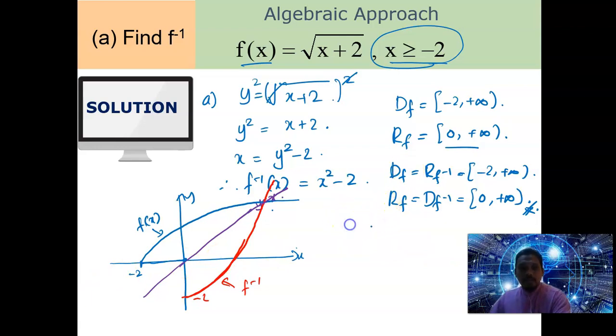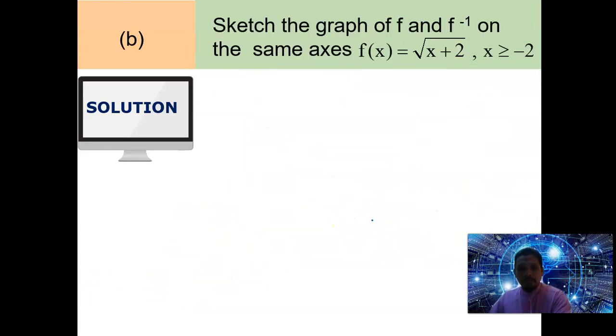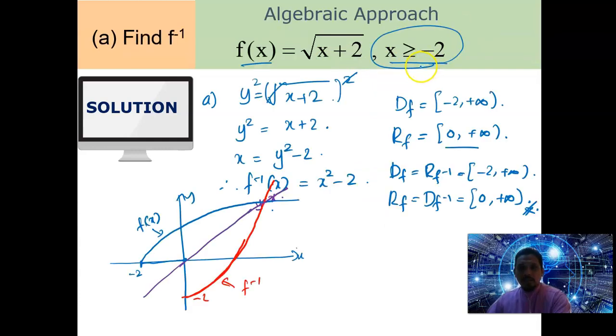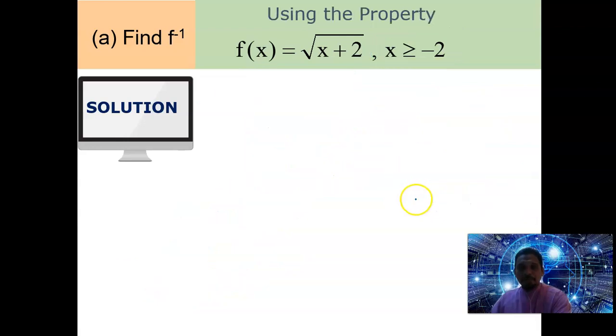Okay, let's see the next example: sketch the graph of f inverse on the same axis, to find the inverse, sketch f and f inverse on the same axis, and find the domain and range.